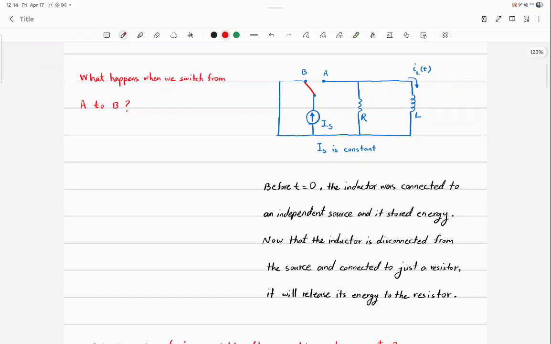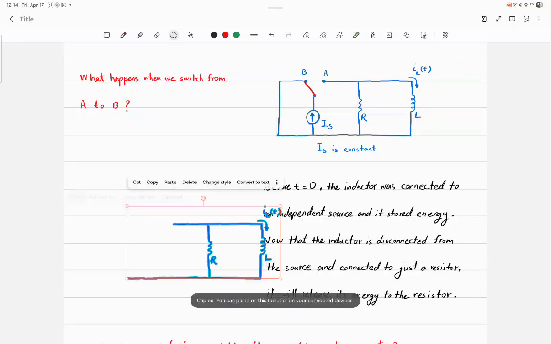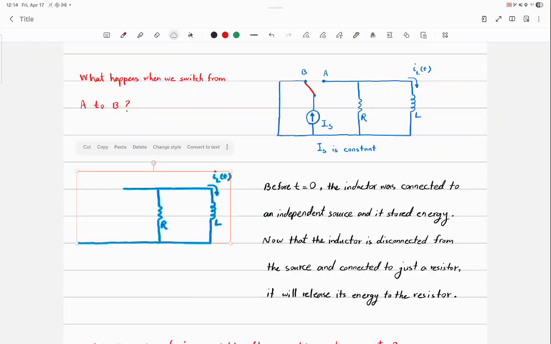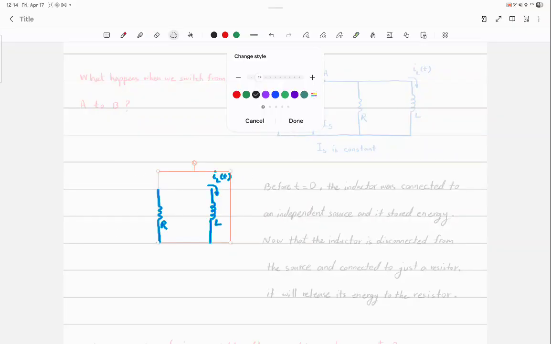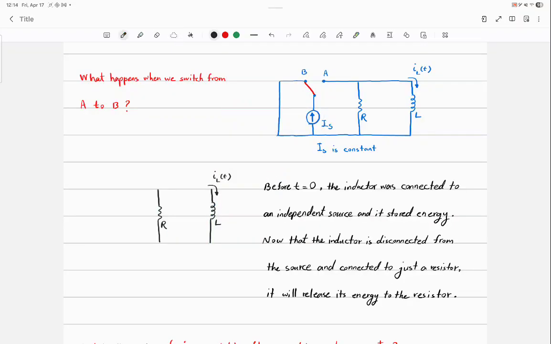So I can do this. This is my circuit for positive time.